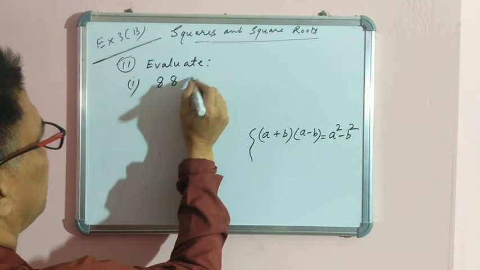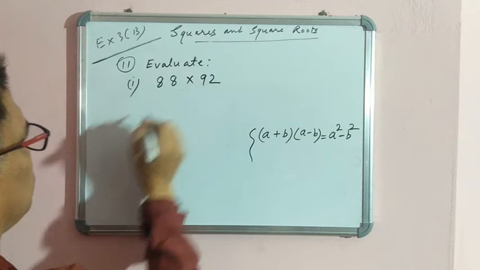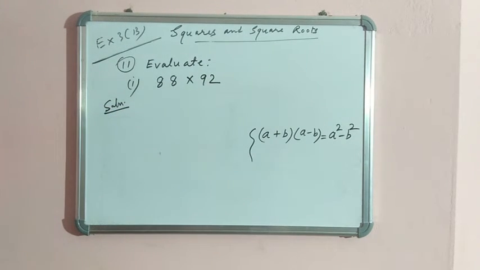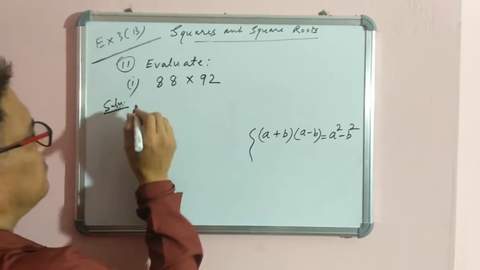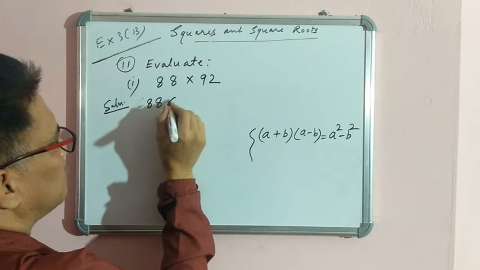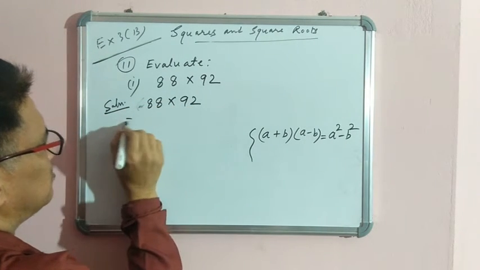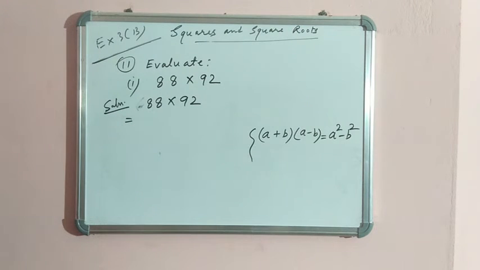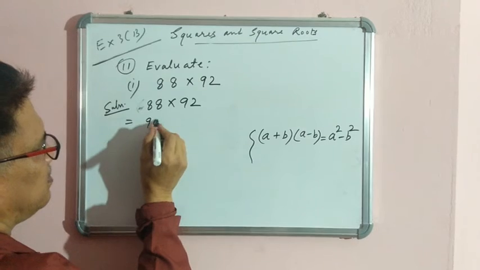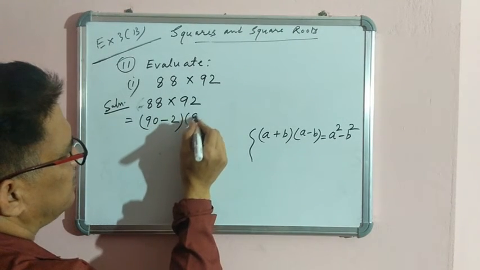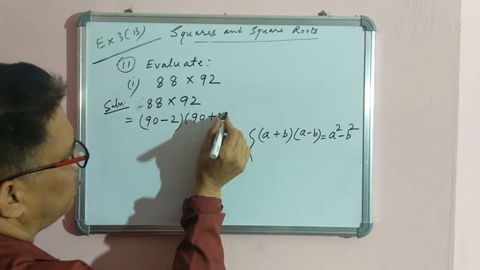Now the solution: 88 into 92. This is close to 90, and this is also close to 90. So we can write this as 90 minus 2 and this as 90 plus 2.